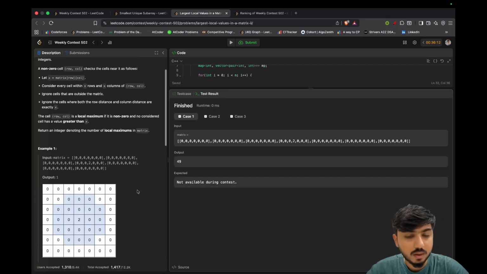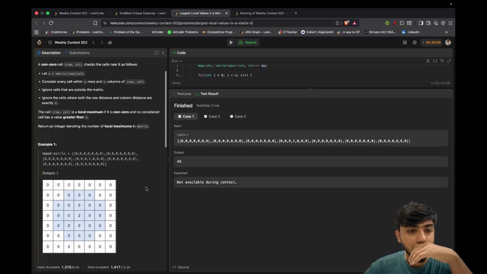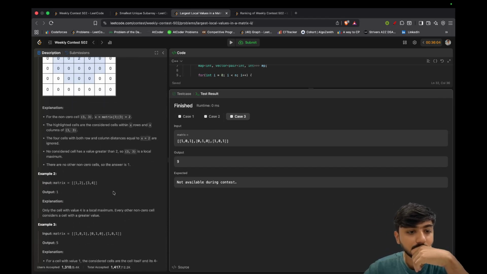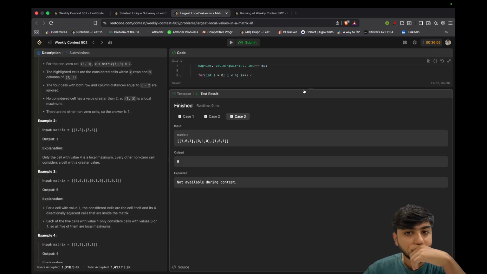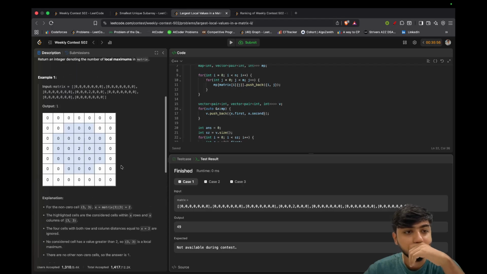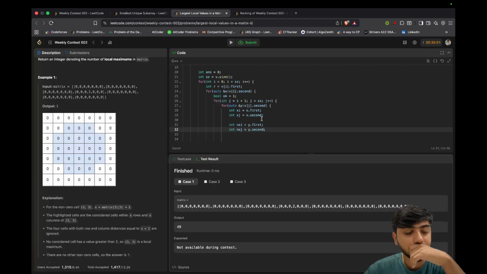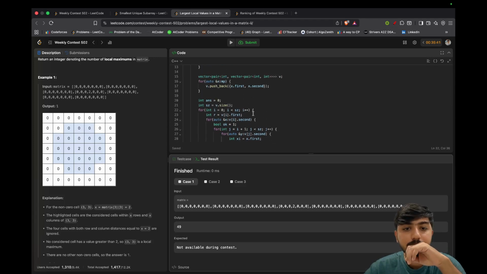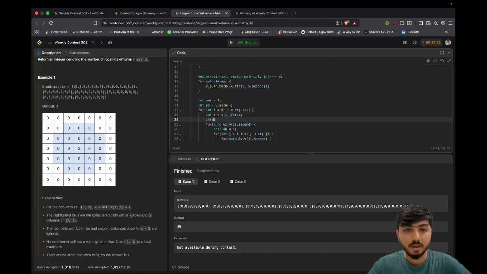Okay, this is not good. Okay, if r is equal to 0, continue.